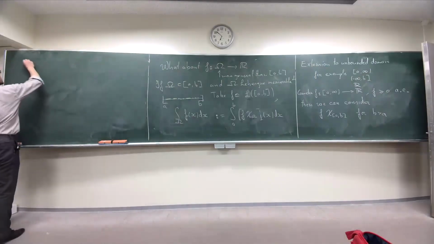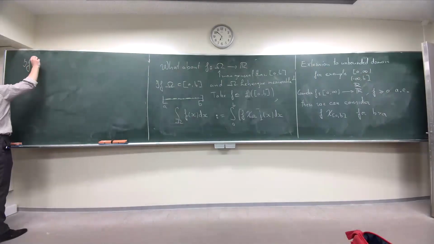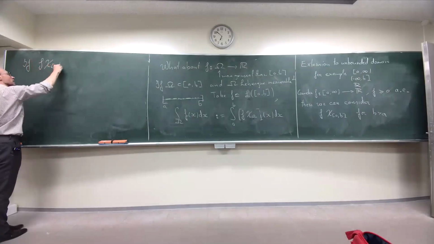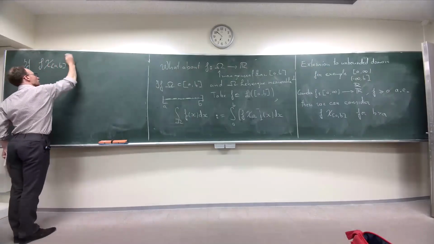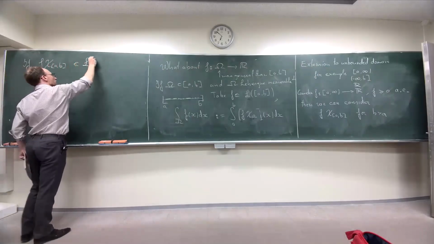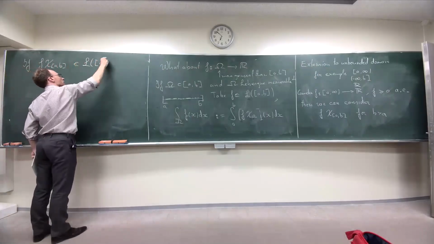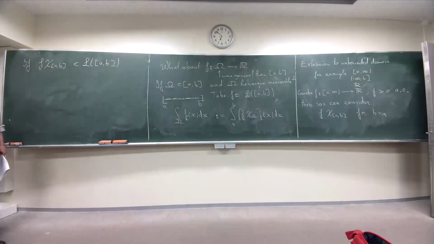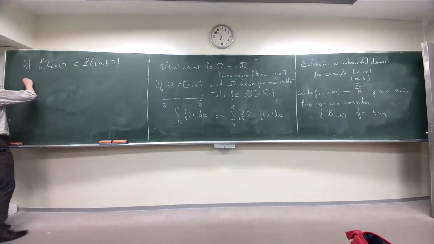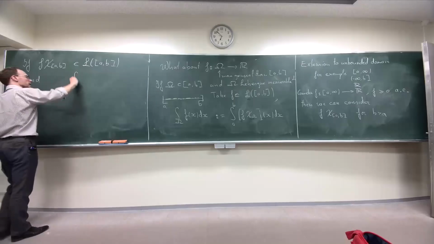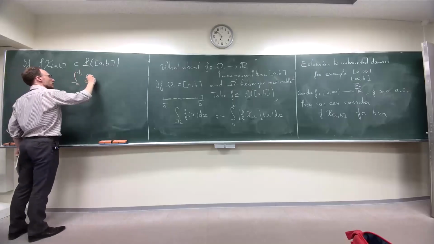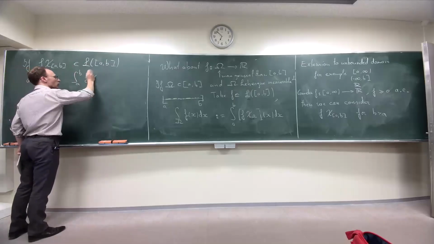So if f times this characteristic function belongs to the set of Lebesgue integrable functions, it can be a function which is unbounded, but it should be integrable. And so I can take the integral on AB of f chi, no, let's forget now.